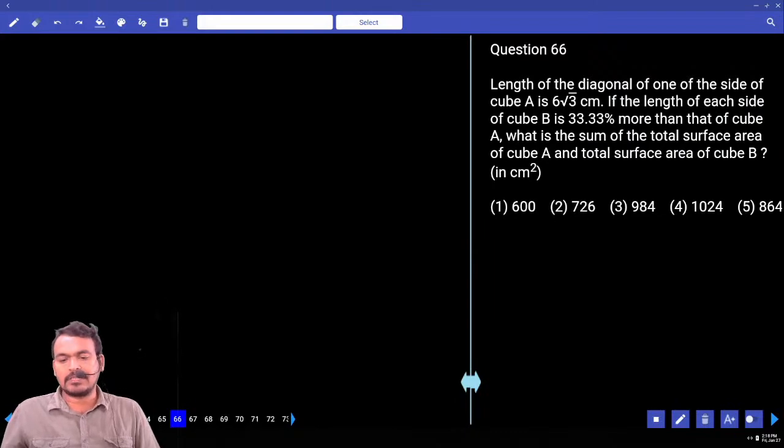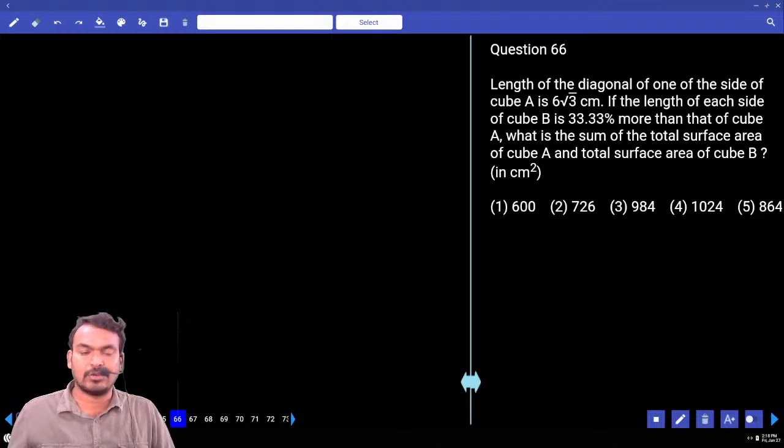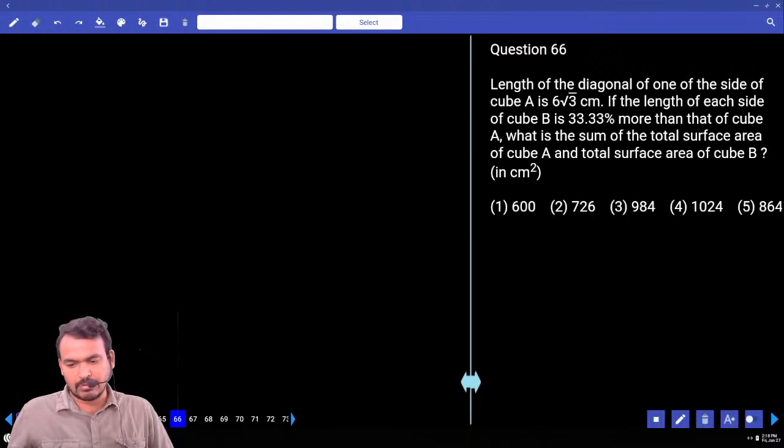If the length of each side of a cube B is 33.33% more than that of the cube A, what is the sum of the total surface area of cube A and the total surface area of cube B?